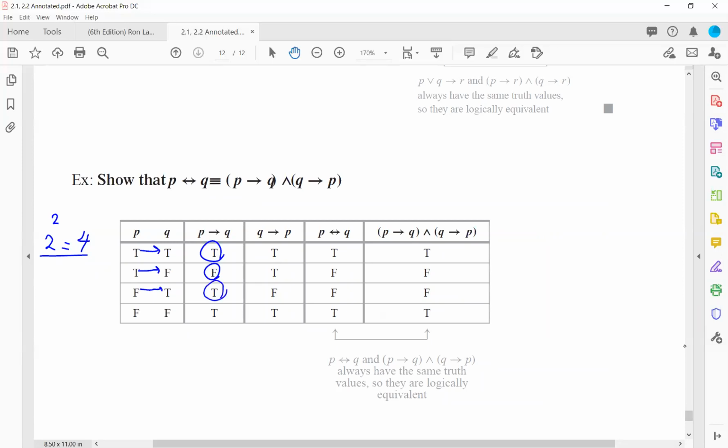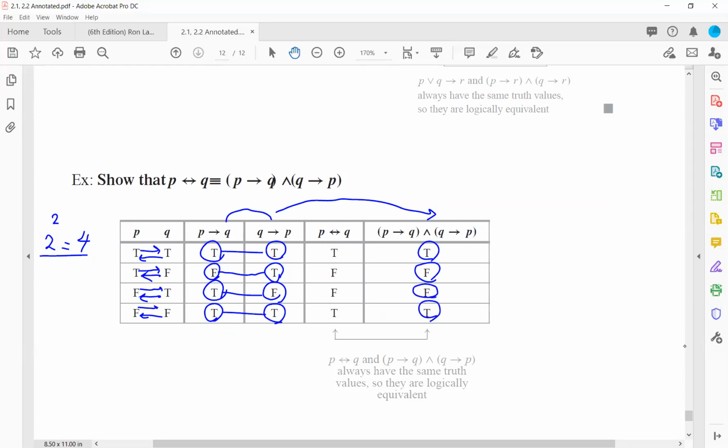False then true, true. False then false, true. Q then P: true then true, true. False then true, true. True then false, false. False then false, true. Okay, perfect. We can use these two to form the compound statement on the right-hand side. True and true, true. True and false, false. True and false, false. True and true, true.